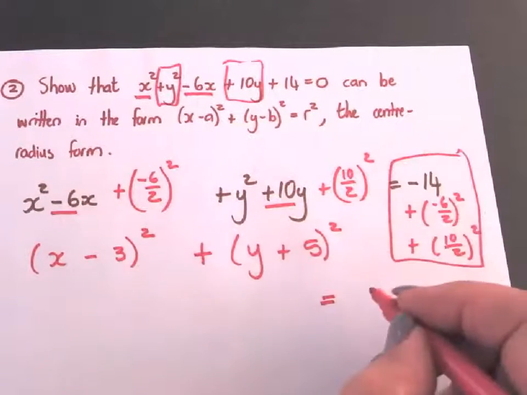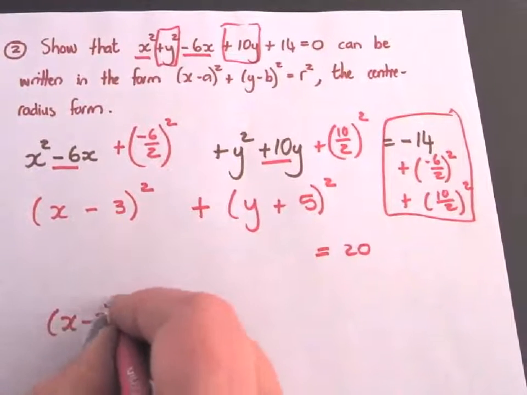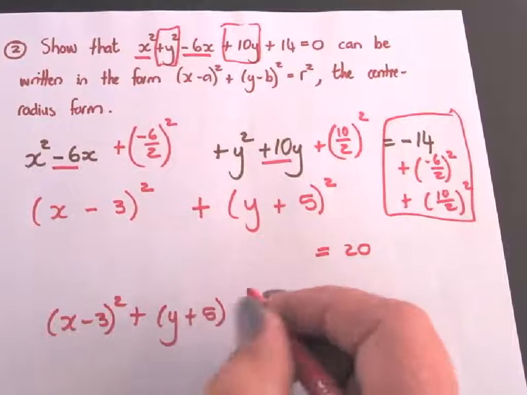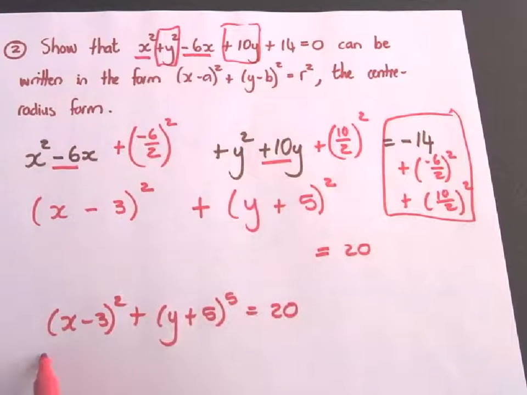So the equation of this circle will be (x minus 3) squared plus (y plus 5) squared equals 20. There's my equation in the other format.